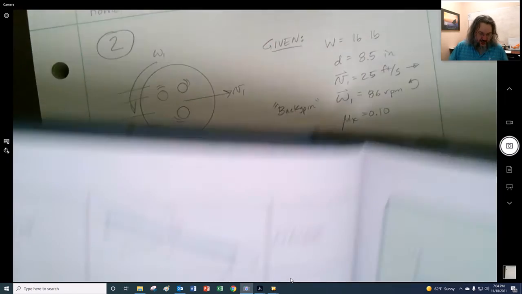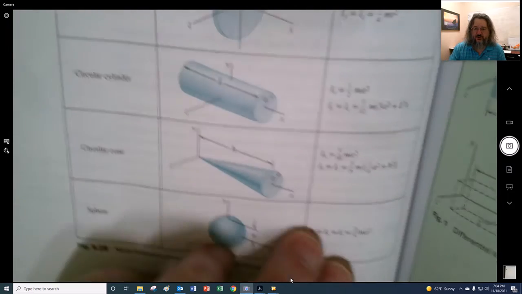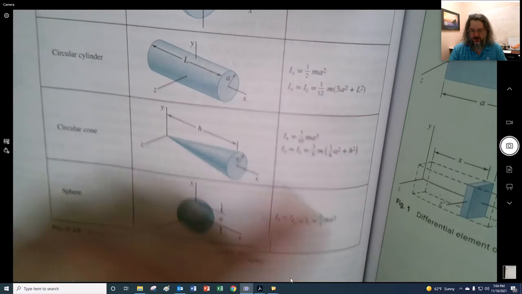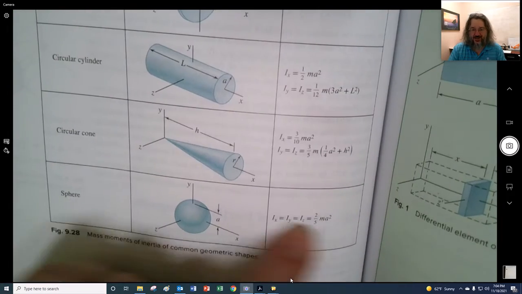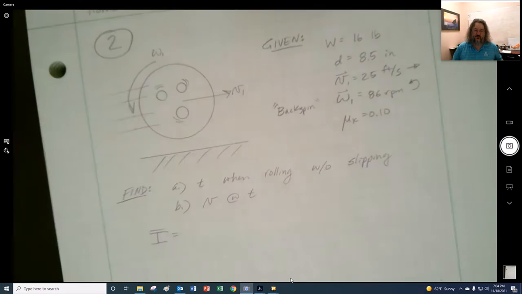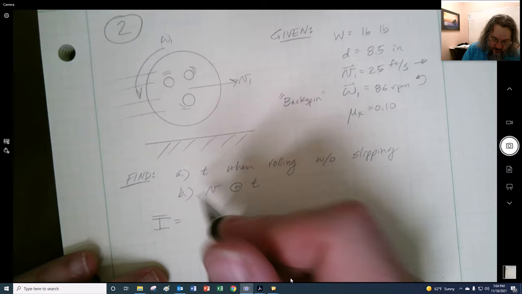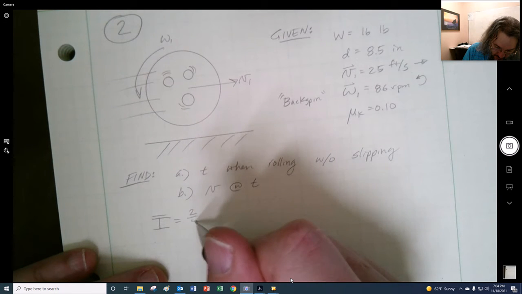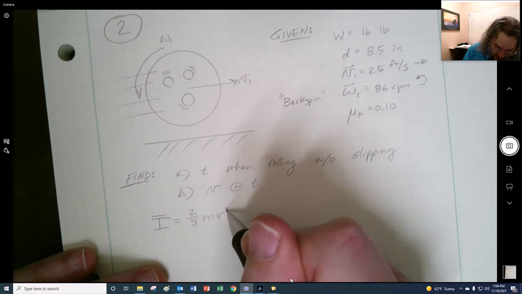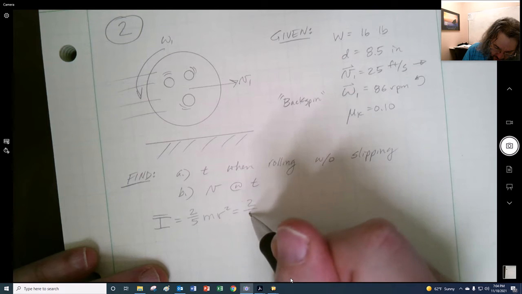So this is table 9.8, and here's your sphere, and you need 2/5 mass times a squared. They call it a, but it's the same as the radius, right? Okay, so we have to do a couple of unit conversions here. So there was a 2/5 m r squared. So 2/5.